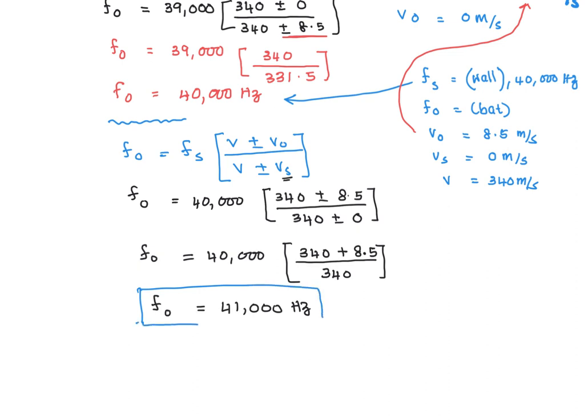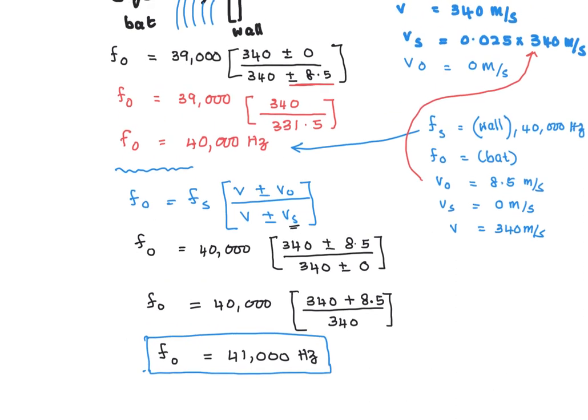So remember, a bat is flying toward a wall, and while flying he is emitting a sound, and the frequency of the sound is 39,000. Go back to the problem and read it. And the wall is reflecting the sound off, so the reflected sound is heard by the bat, and the frequency as heard by the bat is 41,000.